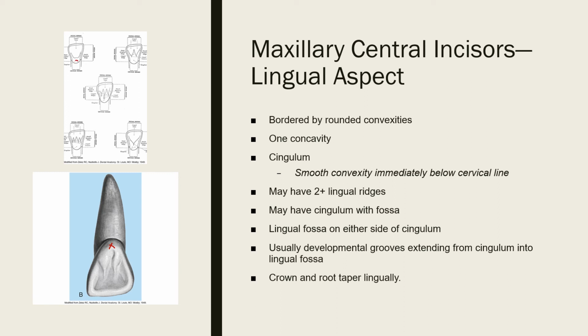Here's our cingulum here, okay? They may have 2 or more lingual ridges, and you can see in this one, this larger picture, that there are more lingual ridges. They may have a cingulum with a fossa. So here's our ridges, okay, and then this one up here shows a nice smooth fossa, right?